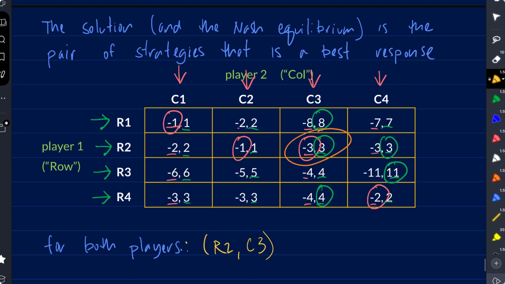Okay, the solution and the Nash equilibrium is the pair of strategies that is a best response for both players. Or, in other words, the pair of strategies that goes with the outcome that has both payoffs circled.